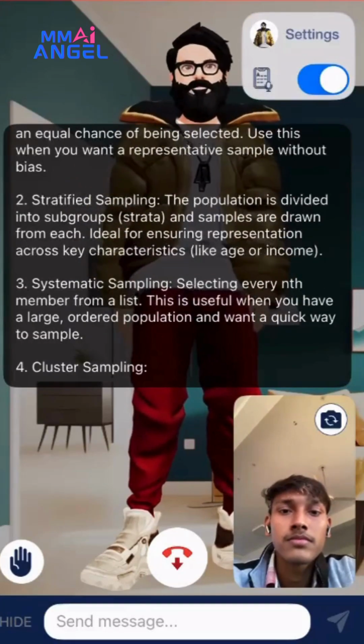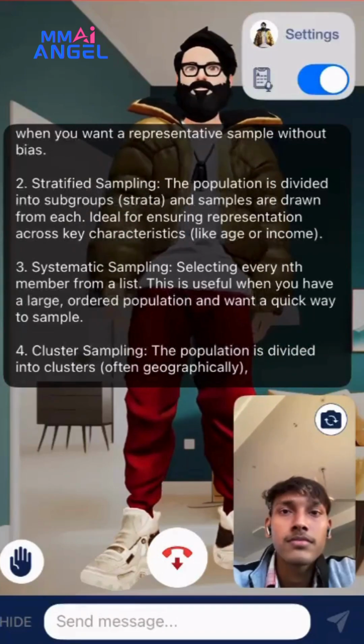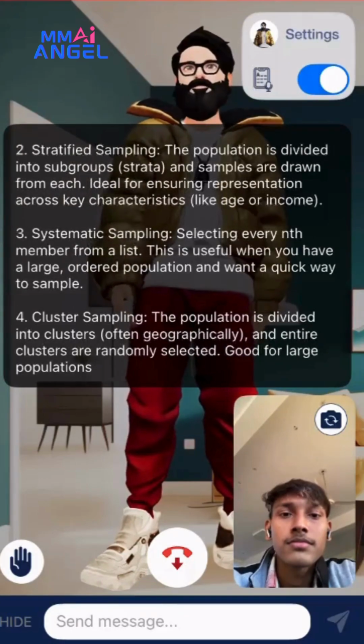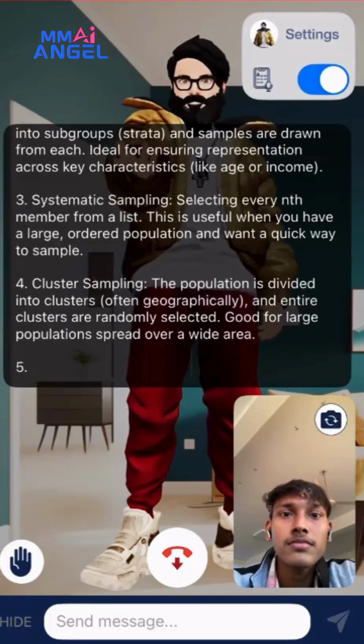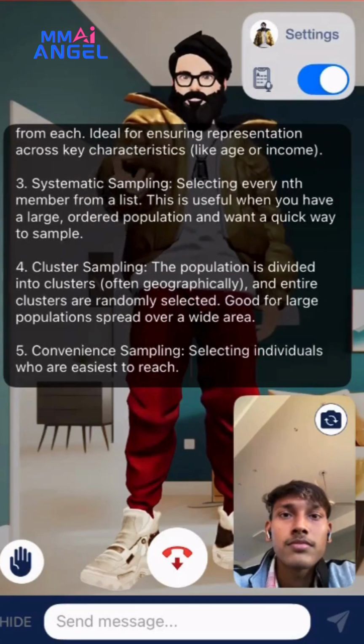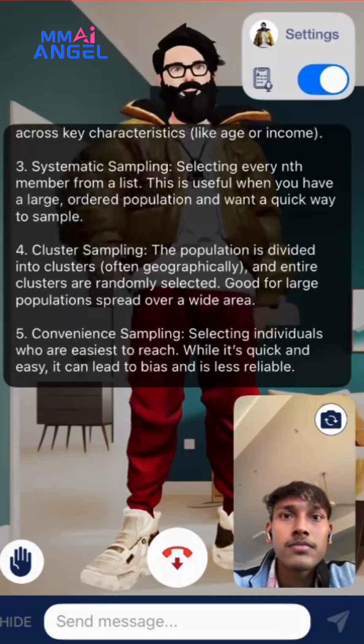4. Cluster sampling. The population is divided into clusters, often geographically, and entire clusters are randomly selected. Good for large populations spread over a wide area. 5. Convenience sampling, selecting individuals who are easiest to reach. While it's quick and easy, it can lead to bias and is less reliable. 6.